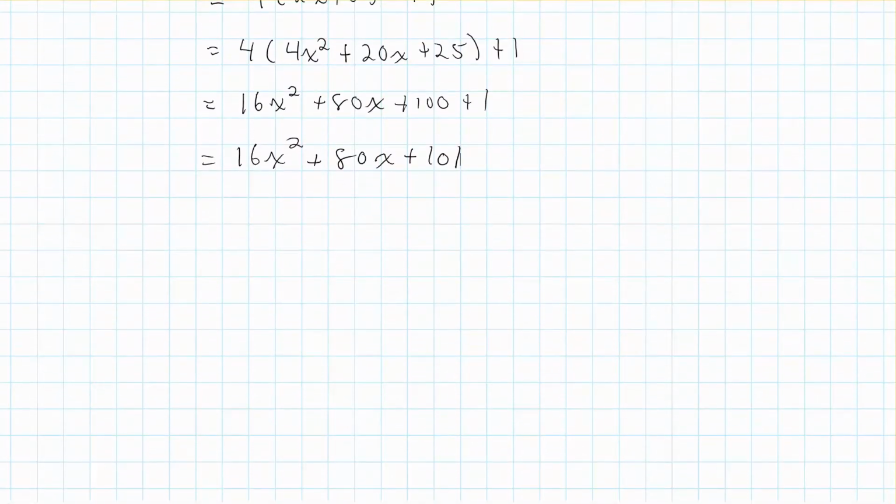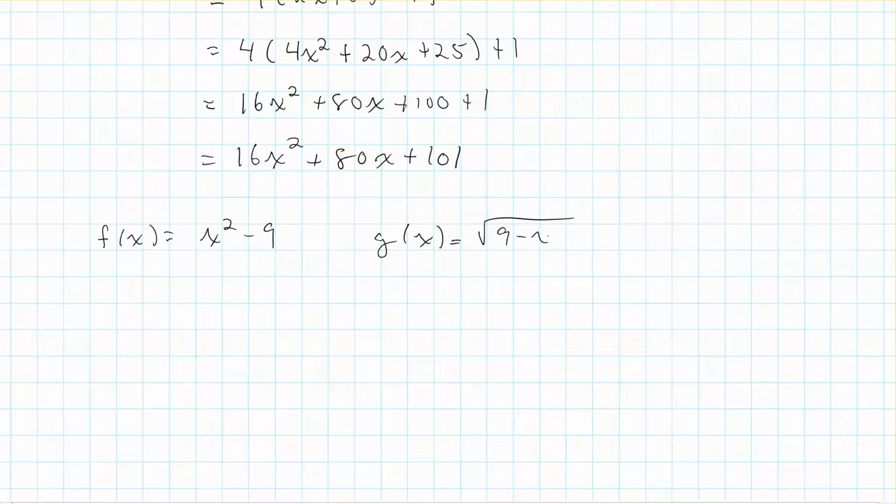Alright, but let's do one other example here that actually has us also have to deal with the domain. So let's look at f at x being x squared minus 9 and g at x being the square root of 9 minus x squared.